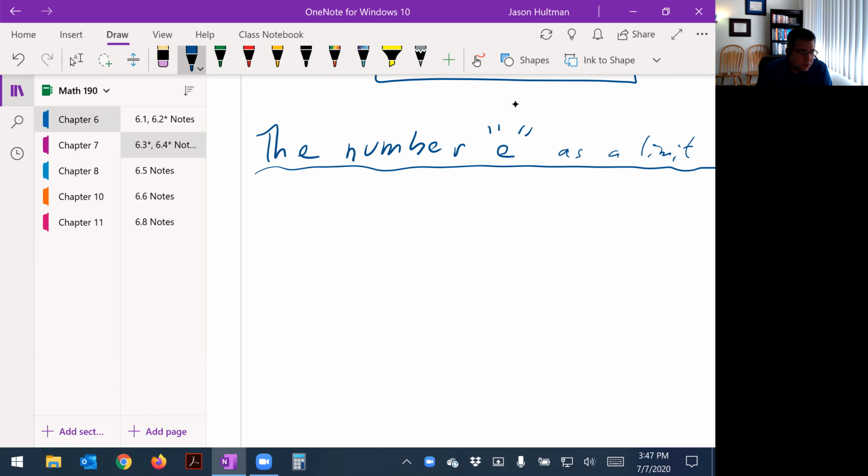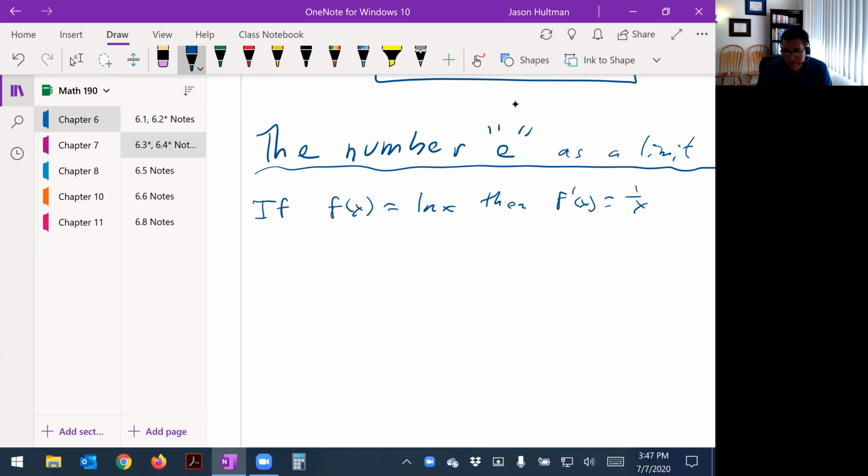Let's write: if f of x is equal to the natural log of x, then f prime of x is equal to what? 1 over x, yeah, exactly, as Sierra and I believe Anthony pointed out before.